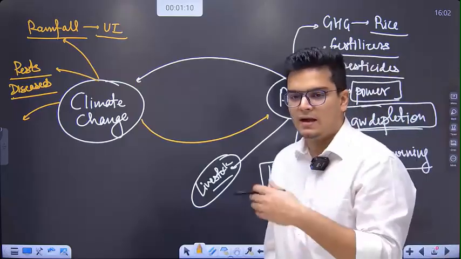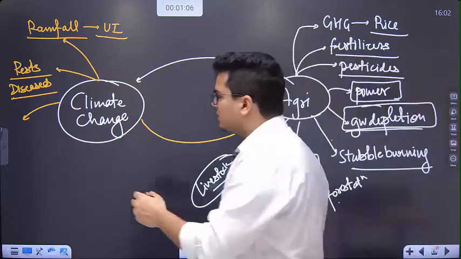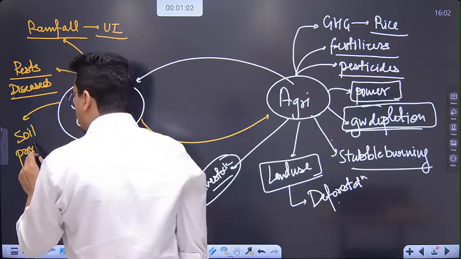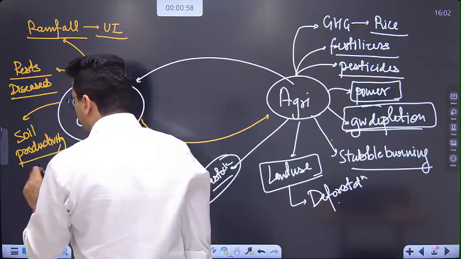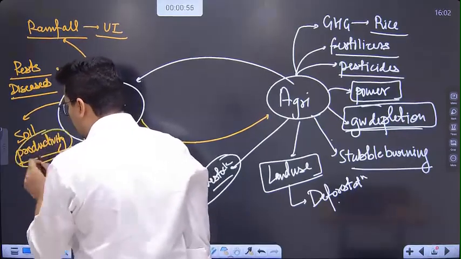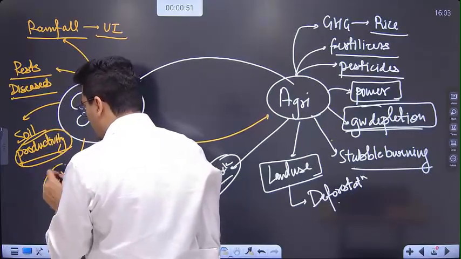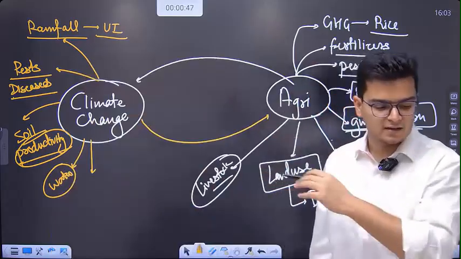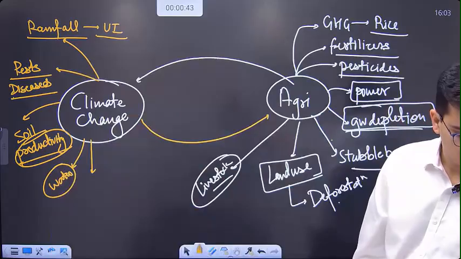Yes, ideas like forest fires, or even ideas like the decline of soil productivity due to, let's say, droughts or due to floods at the wrong time. It has an impact on productivity of soil. It has an impact in terms of water. It has an impact almost in every input factor of agriculture. Right? Good.